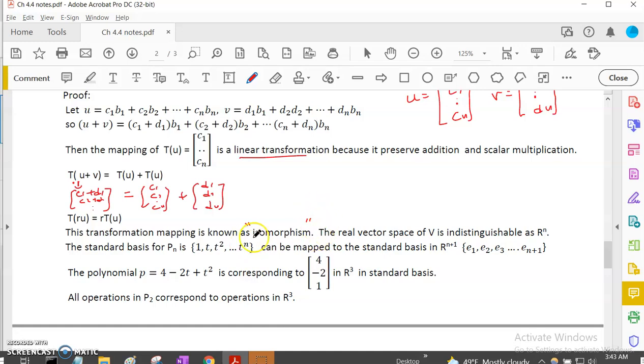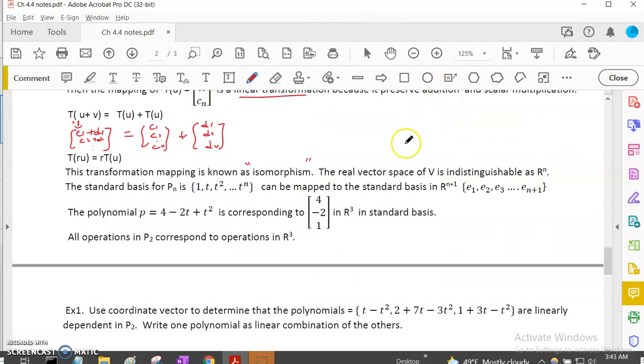That means anything in a vector space written in terms of the basis can be written as an Rn vector. So any real vector space V is indistinguishable from Rn. You can treat it as an Rn vector.